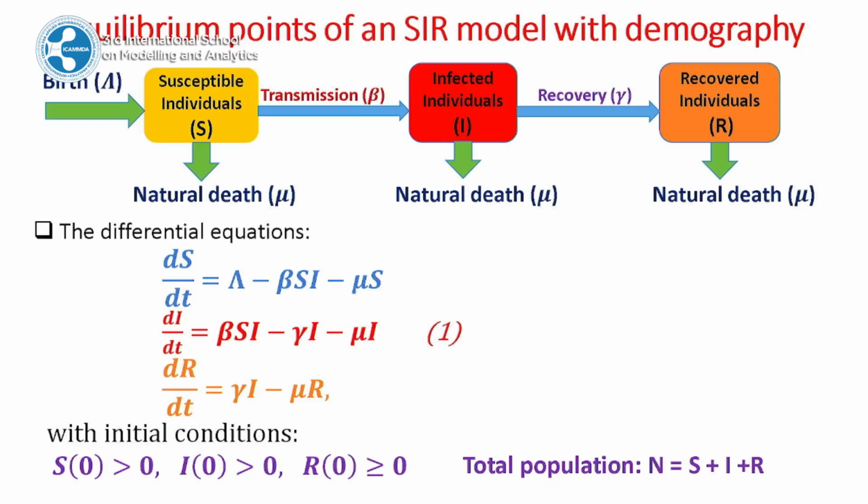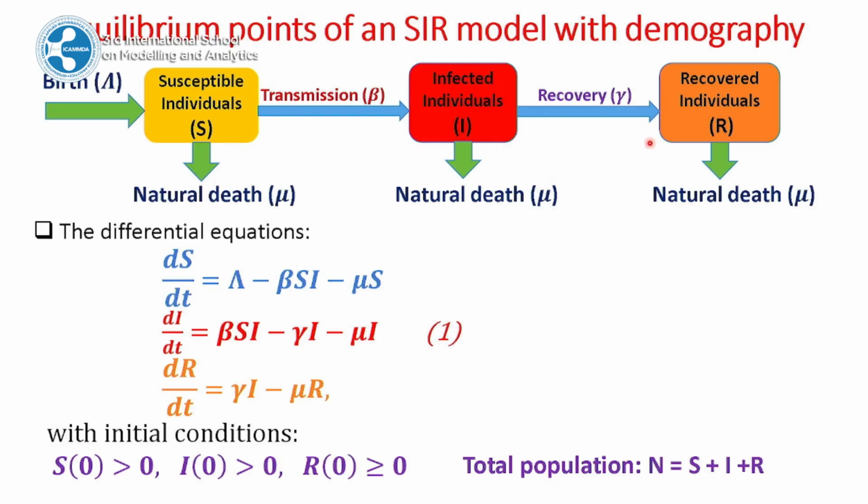We are all familiar with this model. We have the total population compartmentalized into three: susceptible individuals, infected individuals, and recovered individuals.